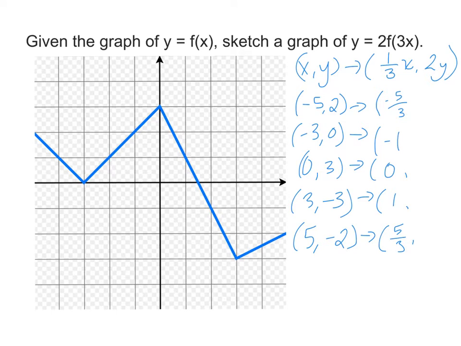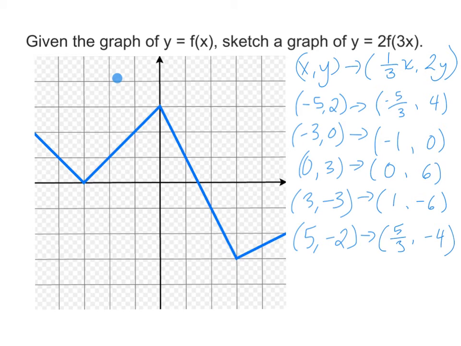And then I'll multiply all the y values by 2, so that's 4, 0, 6, negative 6, and negative 4. And then those are the points that I'm going to plot. Negative 5/3 and 4. That should be around there, right?